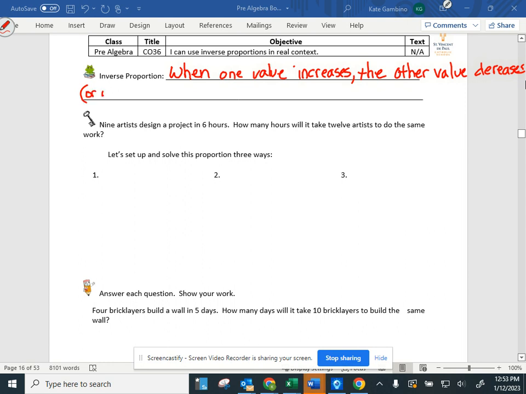Or when one value decreases, the other value increases.